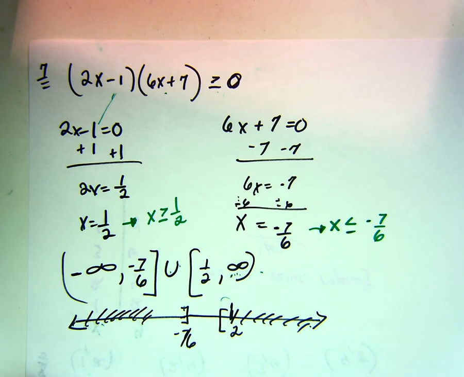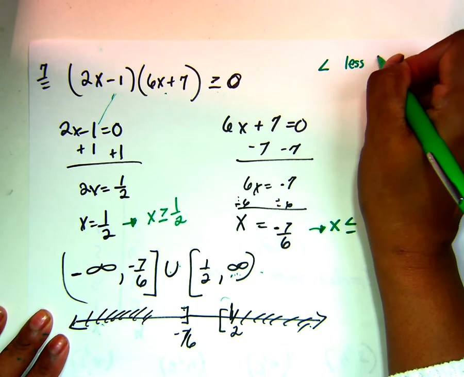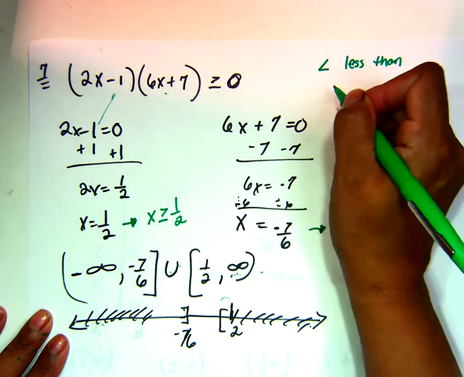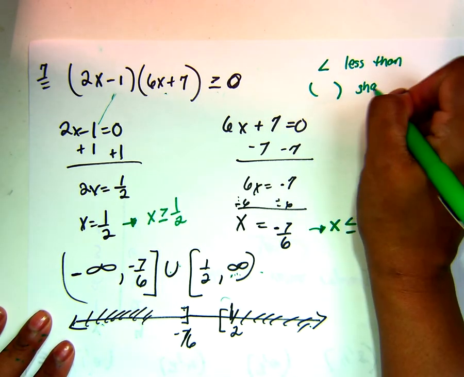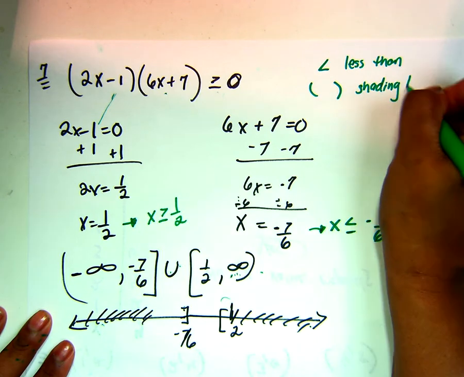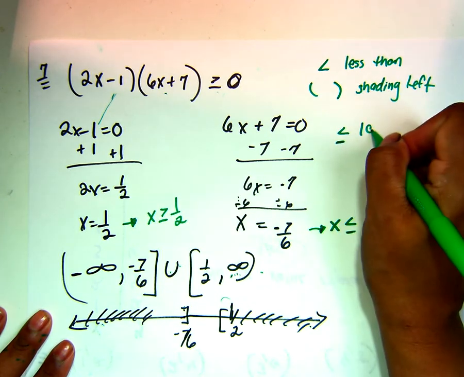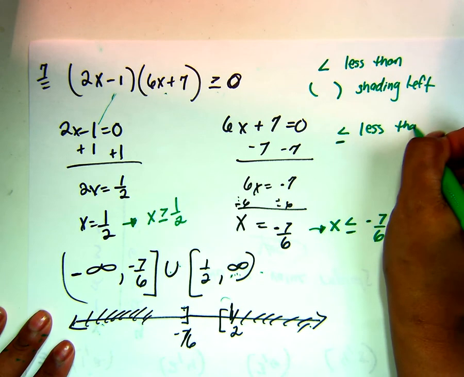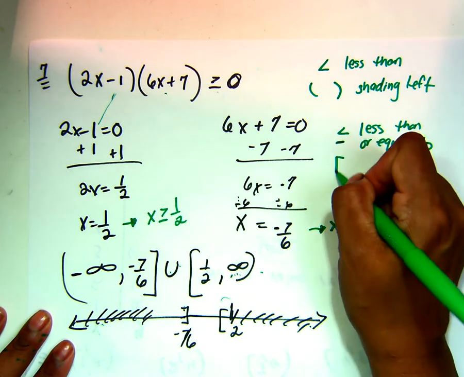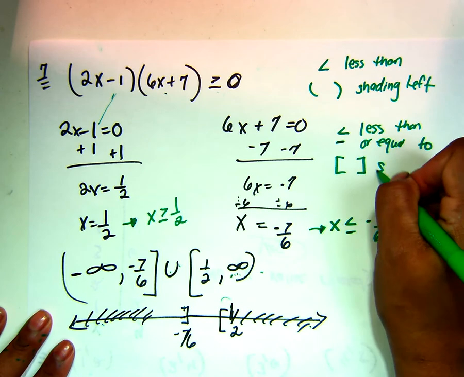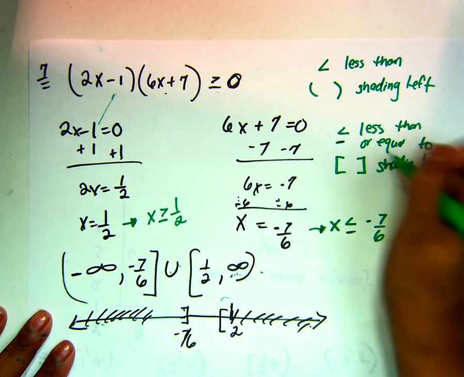So in case you have forgotten, you got that, which is less than. Less thans are going to be using parentheses, and you're going to be shading to the left. Then we have less than or equal to's. You're going to be using brackets for those. And you're going to always shade in the direction in which you see it.